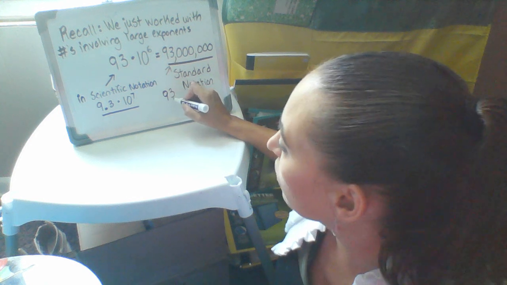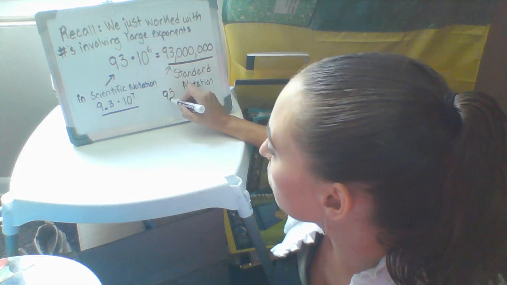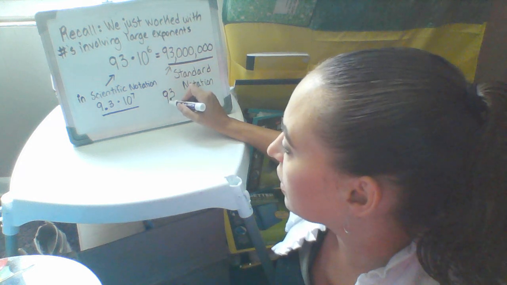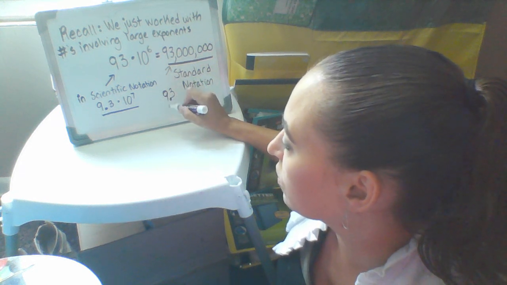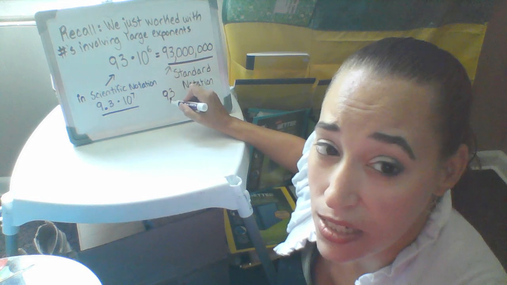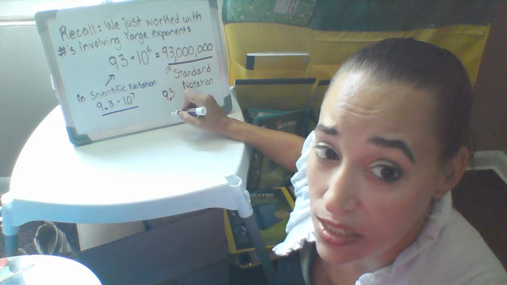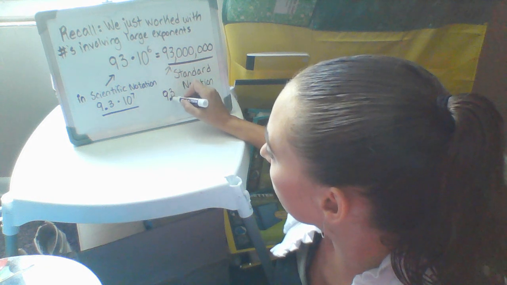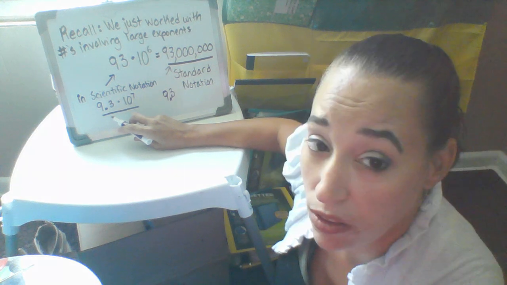No. So now I know I need to put my decimal point there. Now I say, is 9.3 greater than 1 but less than 10? And the answer is yes. All right. So that's where I got my 9.3.